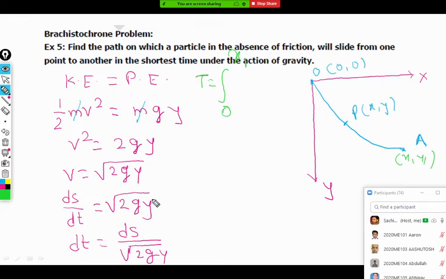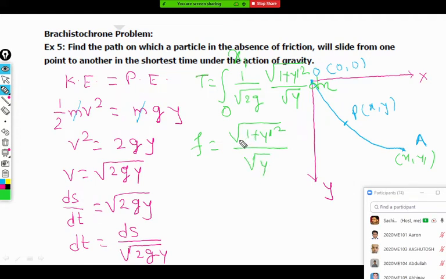Remember, 1 upon root 2g is a constant. ds is root of (1 + y'²) upon root y, dx. This is the integral that we have to minimize. In this case, f is the root of (1 + y'²) upon root y, ignoring the constant 1 upon root 2g.